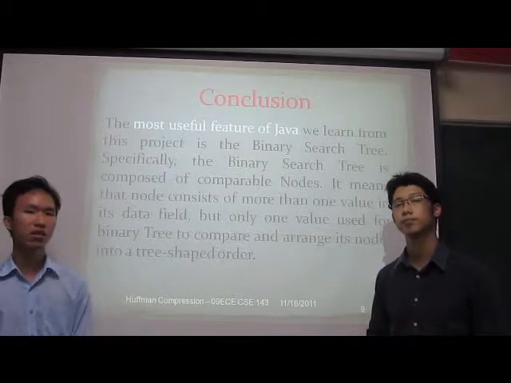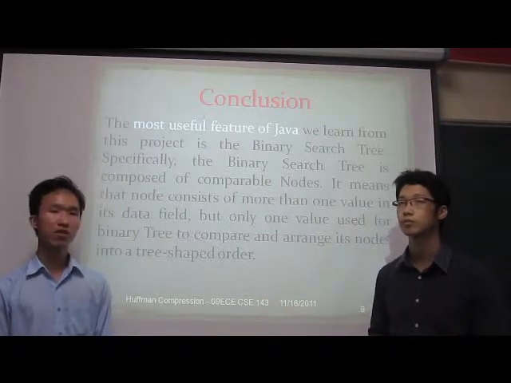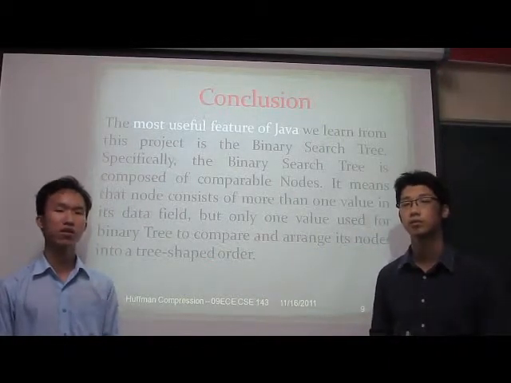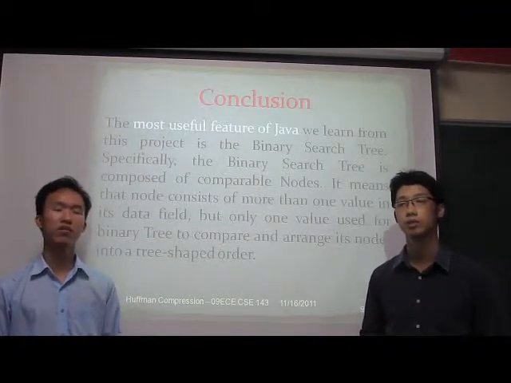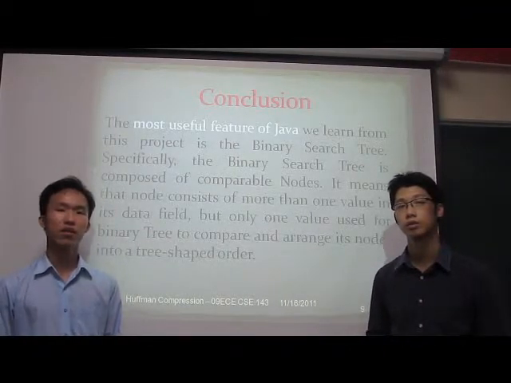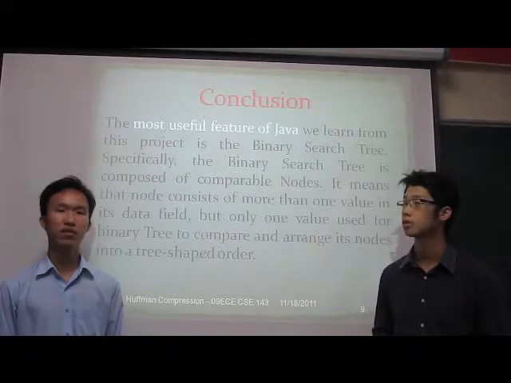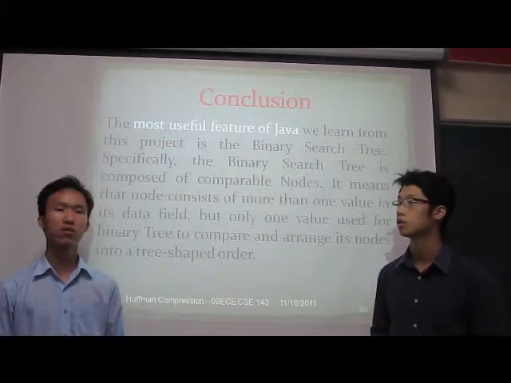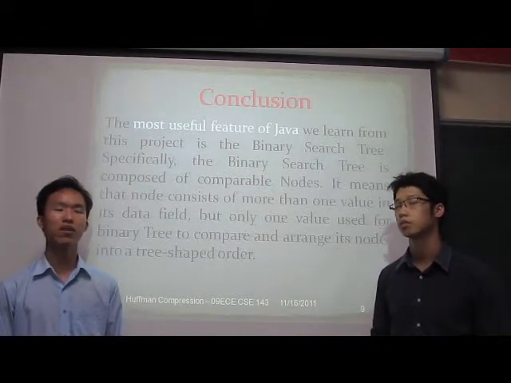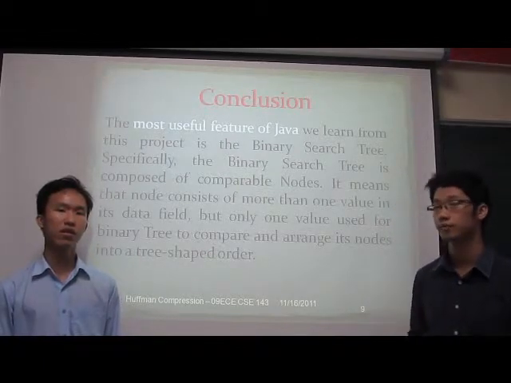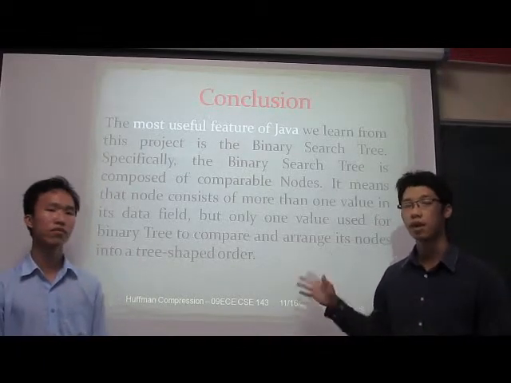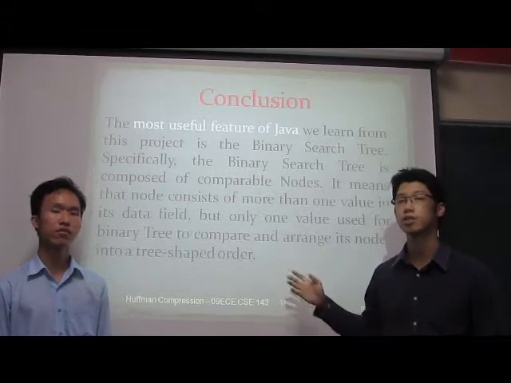In addition, the binary search tree is a useful data structure to access and store the data applied to the project. It's useful to decode and encode a file extremely fast and easily. So that is a great advantage of binary search trees.